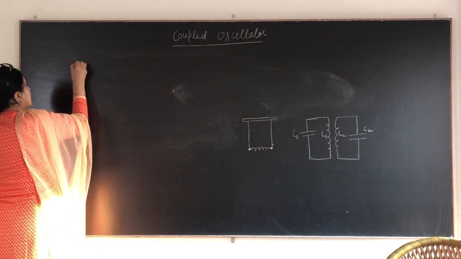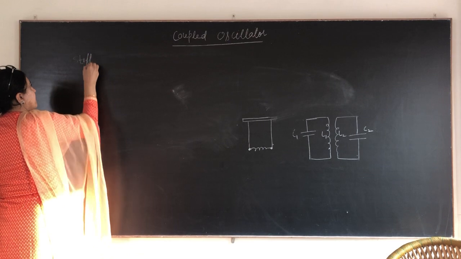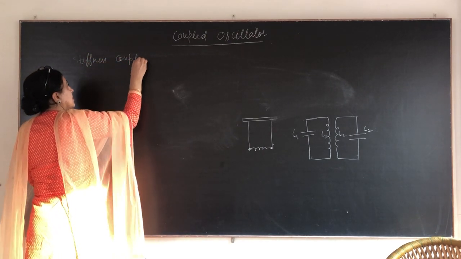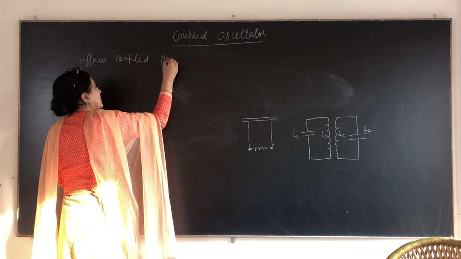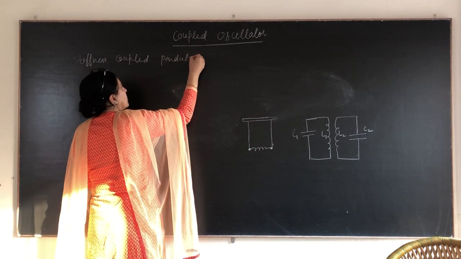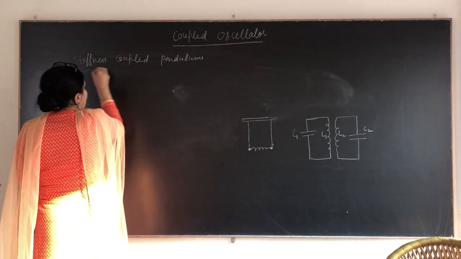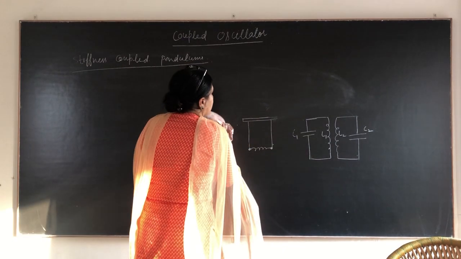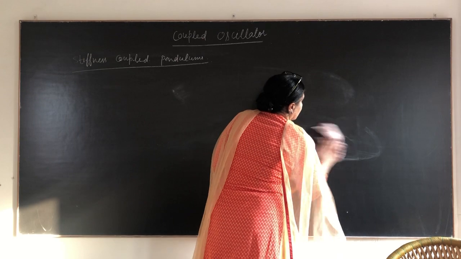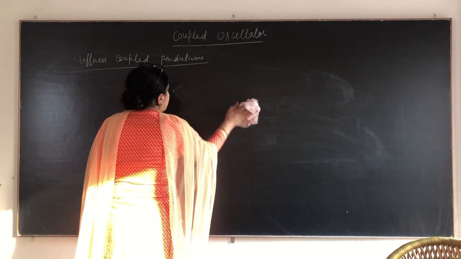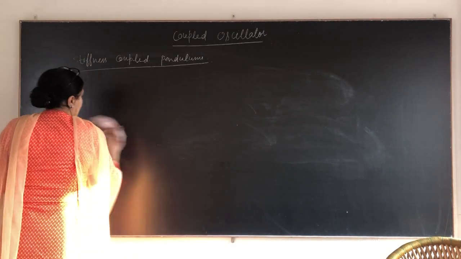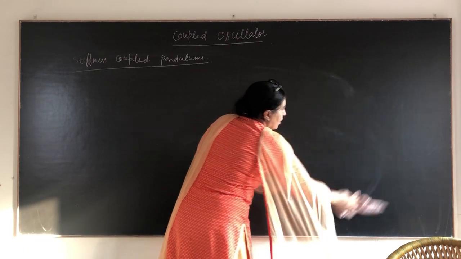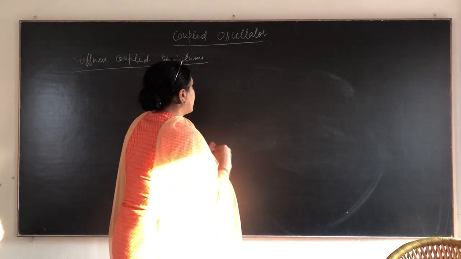pendulum. Or you can say when two pendulums are coupled together with the help of a spring, and we take two pendulums, they are two masses which are suspended from a rigid support.